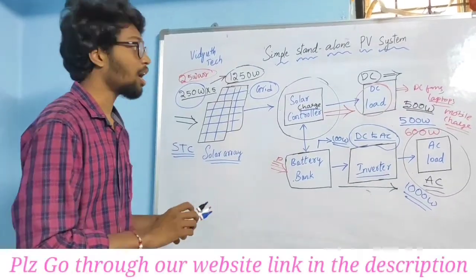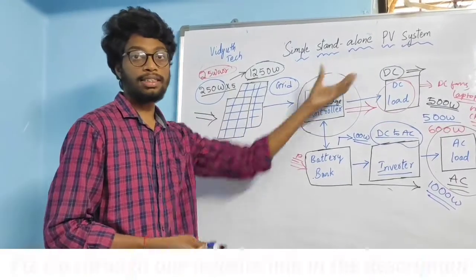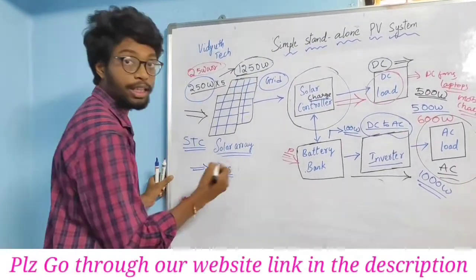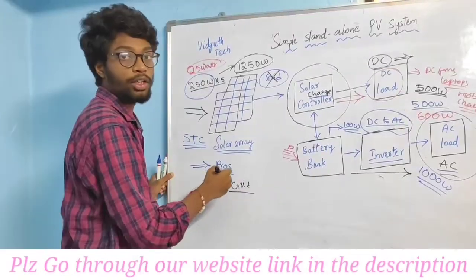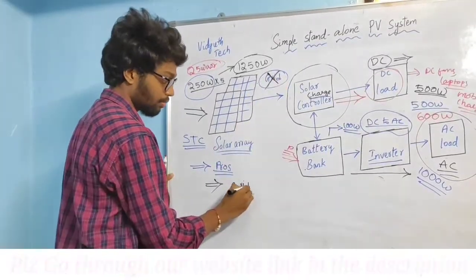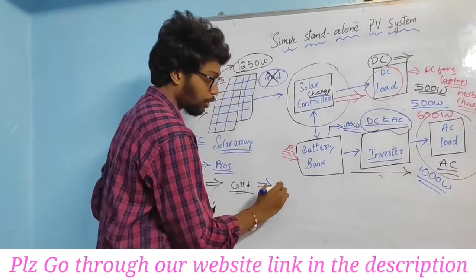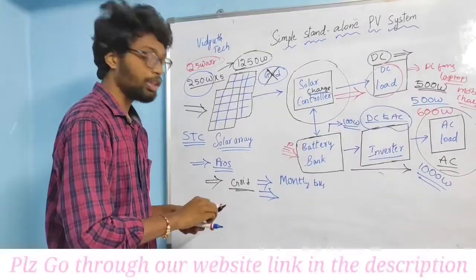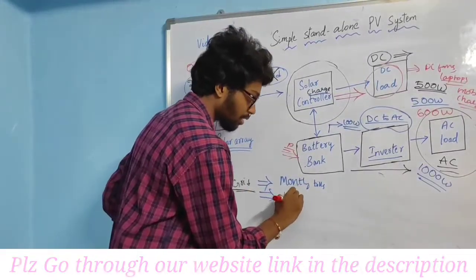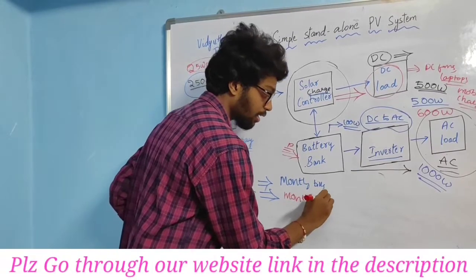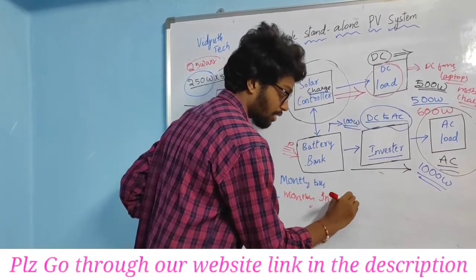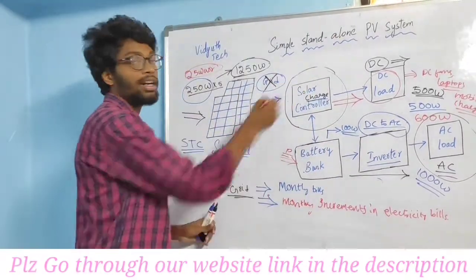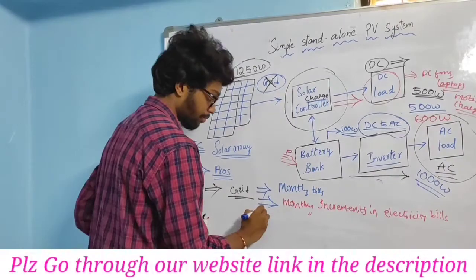Friends, coming to the advantages or pros of the standalone photovoltaic system, this is independent of the grid. You are not going to use grid or utility, so you are not going to pay monthly electricity bills, and you are not going to fear monthly increments in the electricity bills. That is the advantage of the standalone photovoltaic system or off-grid system.